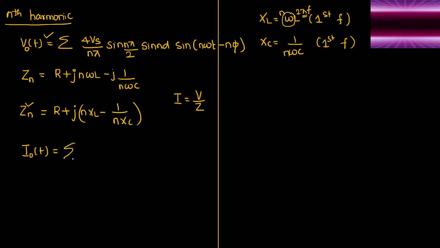So simply take the voltage expression 4Vs by n pi, divided by Zn, into sine n pi by 2 into sine n times d into sine n times omega t minus phi n. Do you remember we have calculated this phi also? Yes.